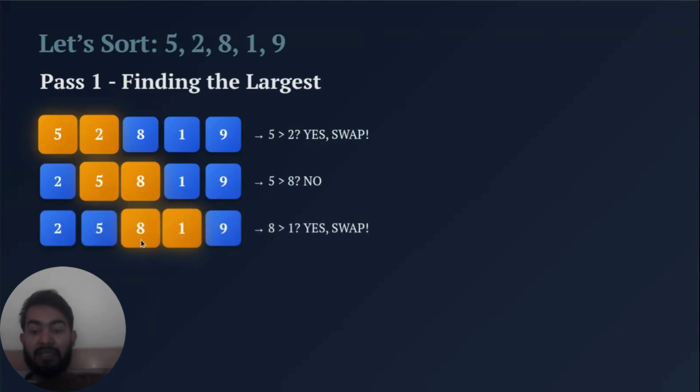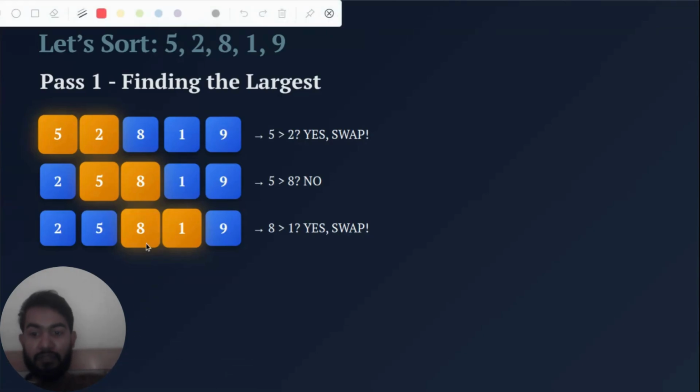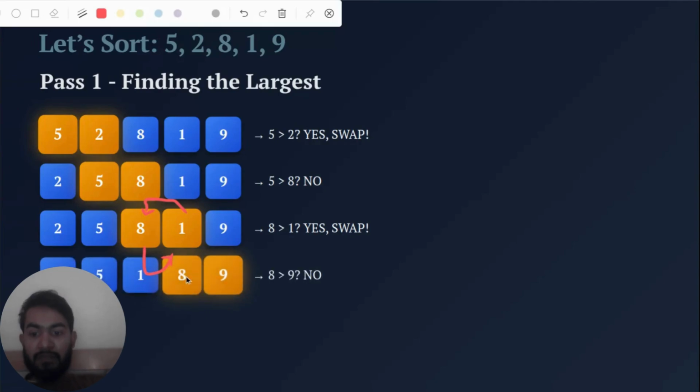The third adjacent pair is 8 and 1. We compare: is 8 greater than 1? Yes, so we need to swap. So 8 goes there and 1 goes here. Now it's swapped. Then we compare 8 with 9.